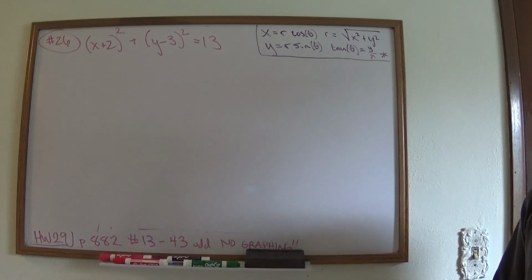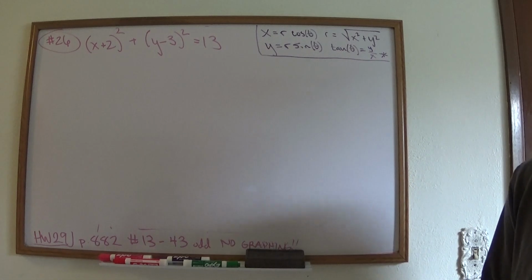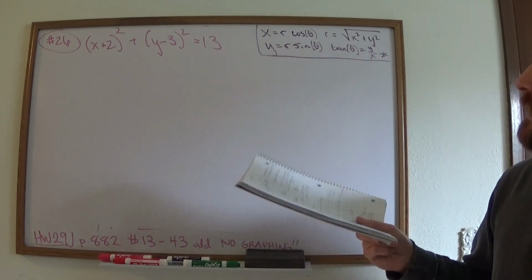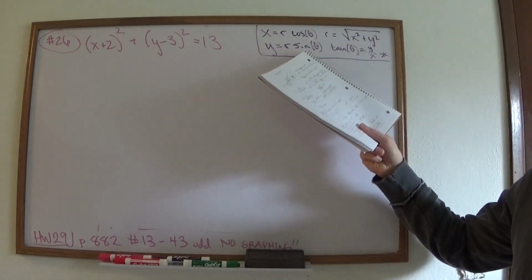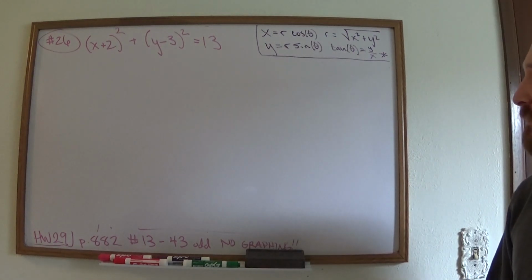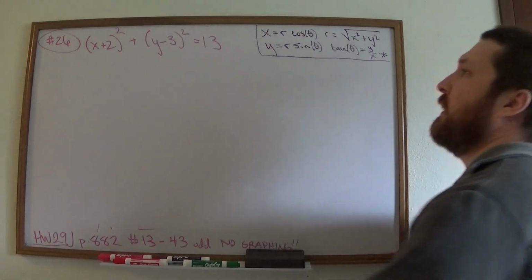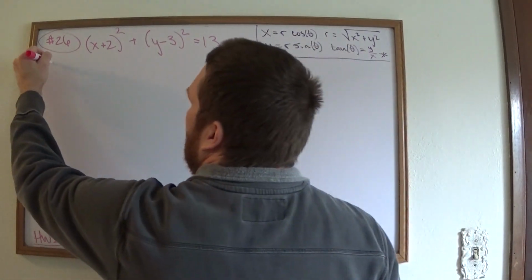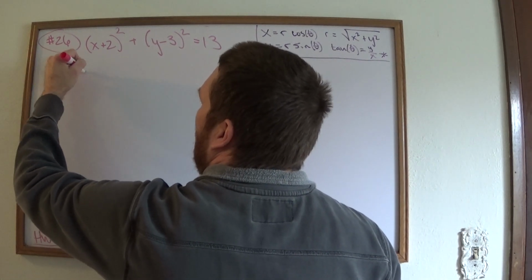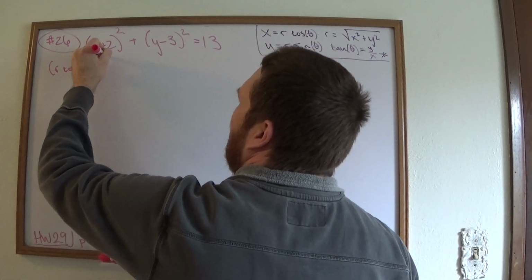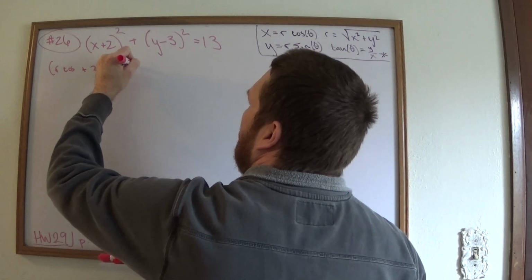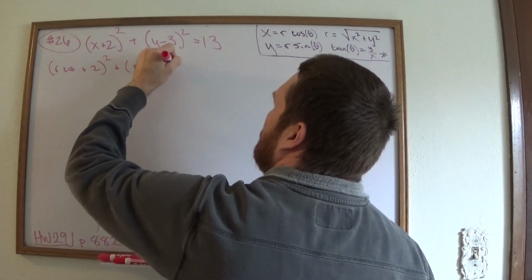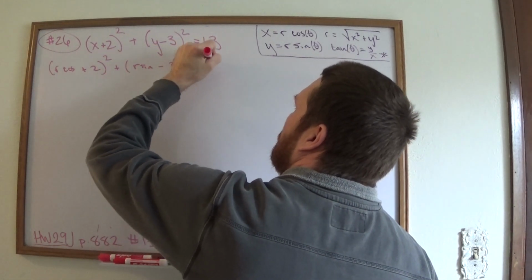Yes, that's a circle, but that doesn't help you. So what we're going to do is use our handy-dandy conversion formulae and say, well, if x is r cosine theta, then we have r cosine. And right now, since I'm pressed for time, I'm not going to write theta until the very end. This is r sine minus 3 squared equals 13.